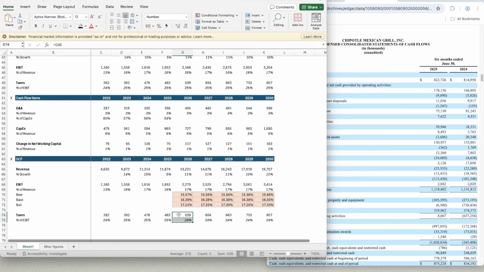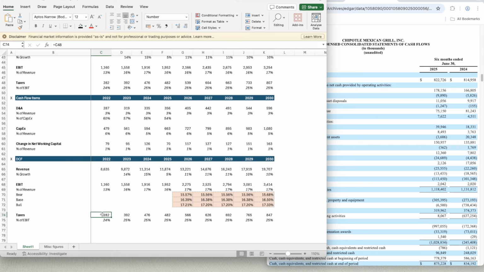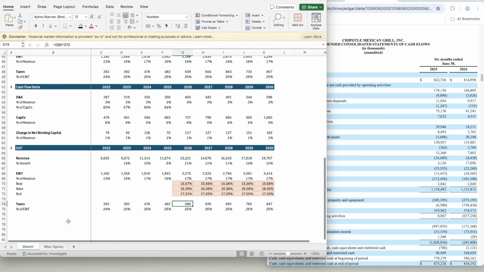Down here, what we need to do is to go average. We multiply this one. And then this way the tax can change as we go. There we go. Yeah, perfect.